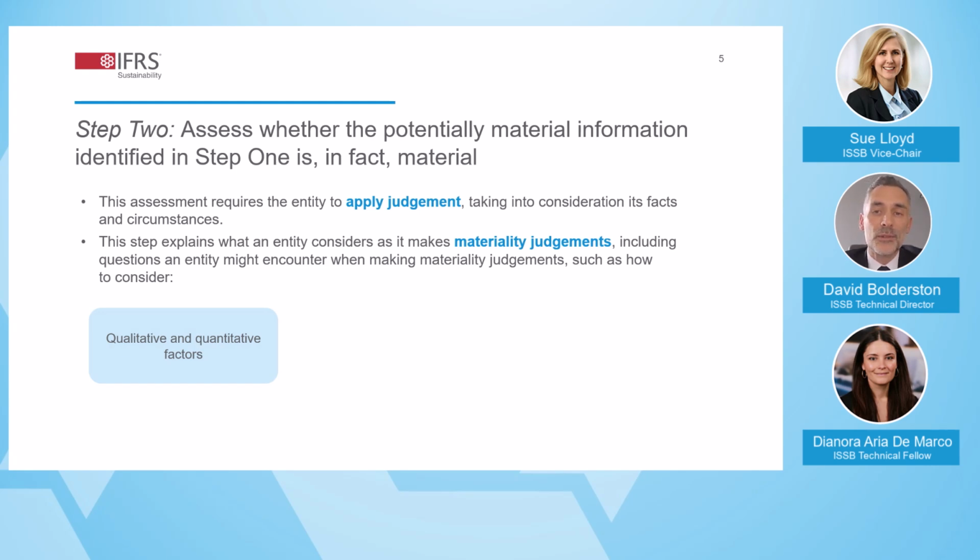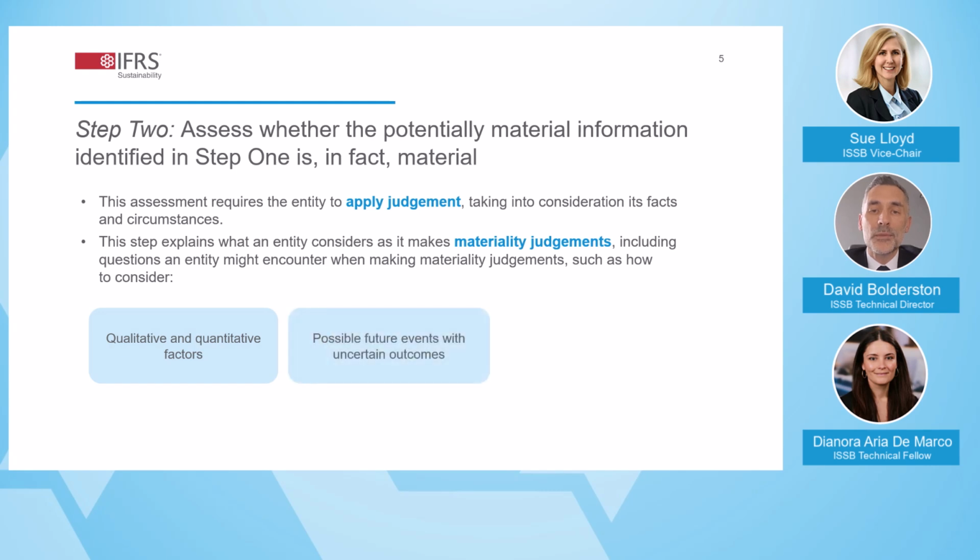The materiality guide provides a number of considerations building from the IASB's practice statement, but providing these considerations in the context of ISSB standards. For example, highlighting there is no hierarchy, neither quantitative factors nor qualitative factors are more important than the other. Further, in relation to qualitative factors, the need to consider the effects of qualitative factors such as the industry the entity operates in and the expectations of primary users.